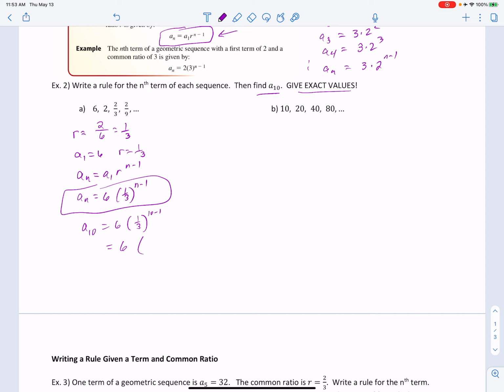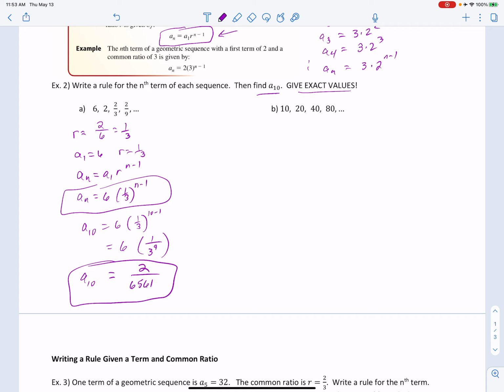What you get is 1 to the 9th, which is just 1, over 3 to the 9th. Depending on your calculator, you might have to work that out independently. That simplifies to 2 over 6,561. So check it out and make sure that you can get that to simplify to that value.